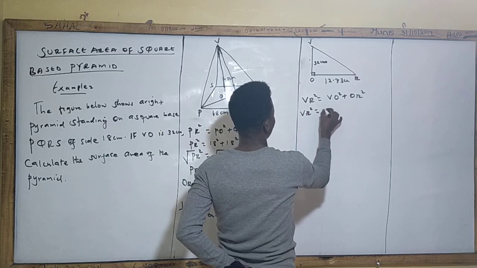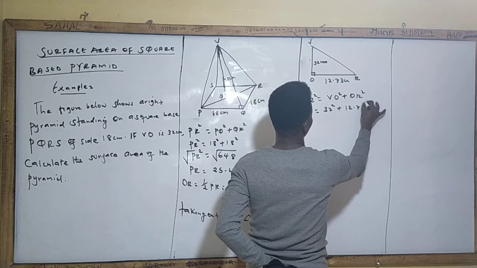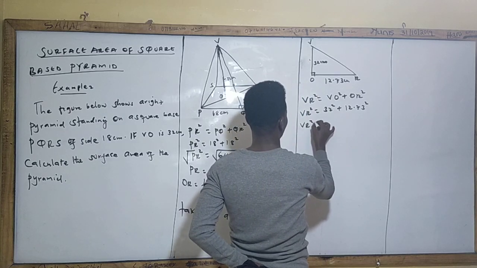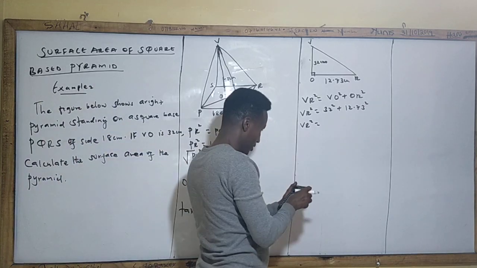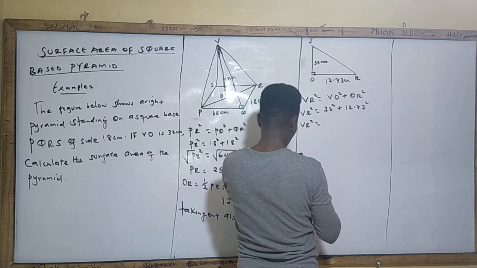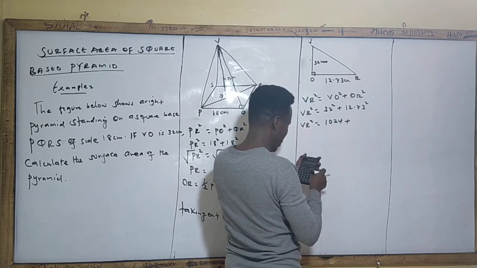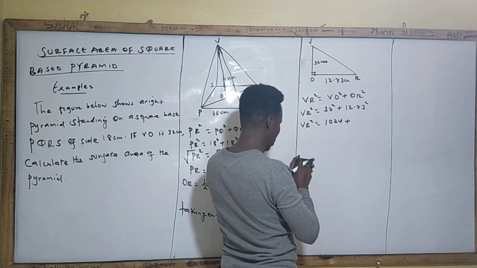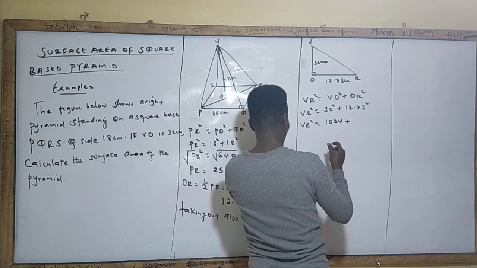So VR squared is equal to 32 squared plus 12.73 squared. Get your calculator, guys. You must have your calculator. So 32 squared, the answer is 1024, plus 12.73 squared, that is 162.05.